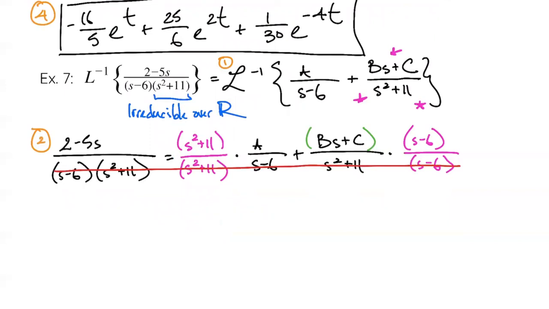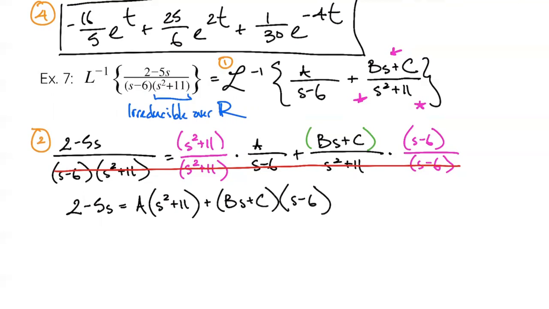And now I can focus on my numerators. So 2 minus 5s equals A times s squared plus 11 plus Bs plus C times s minus 6. Okay.